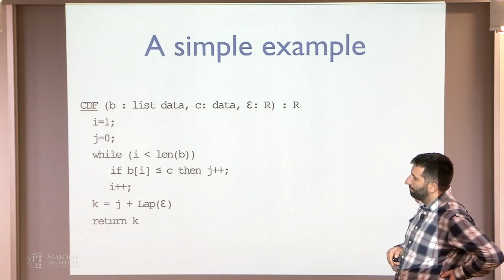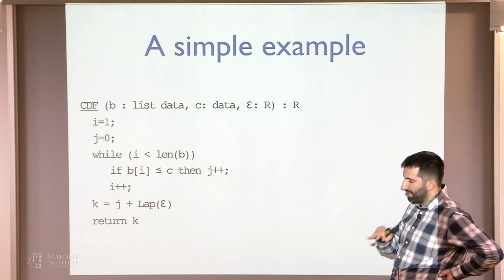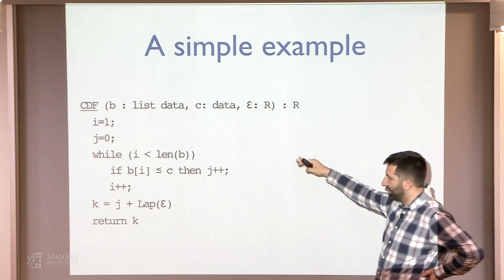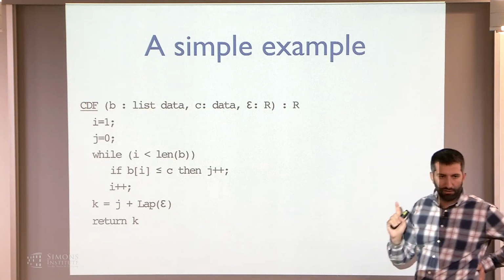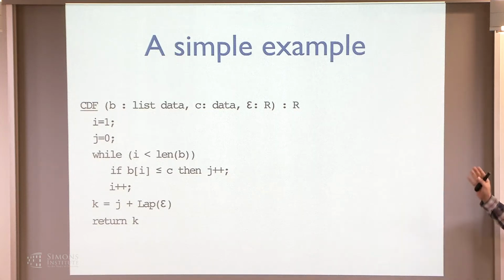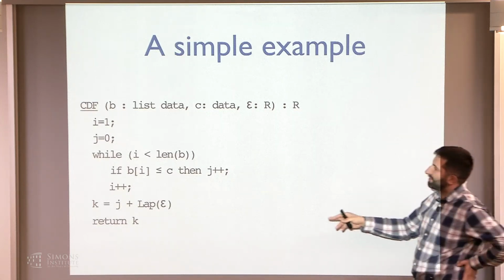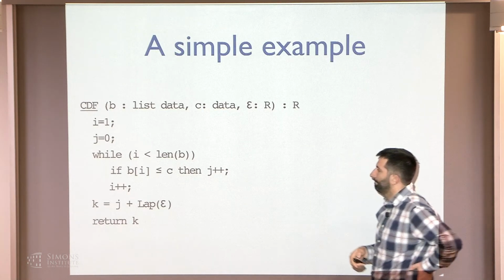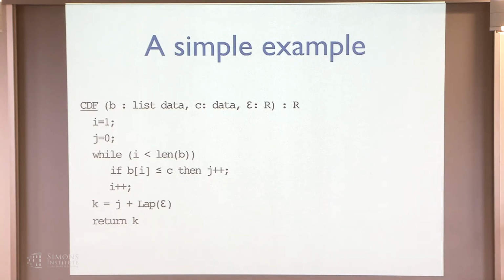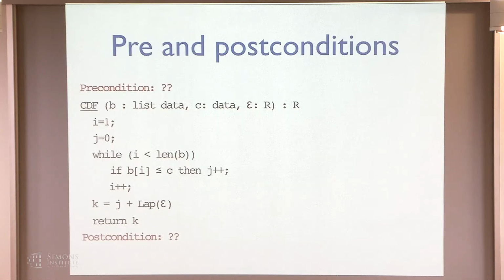I try to take the simplest one, just computing a CDF and then adding Laplace noise to this. CDF of one value: just how many elements of the data set are less than C. Okay? So now the question is, what are the precondition and postcondition here?